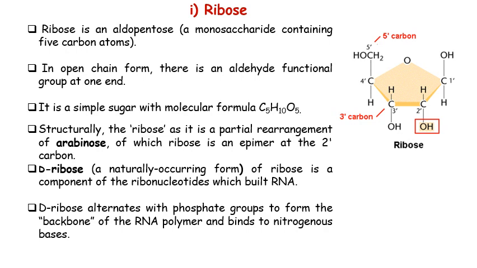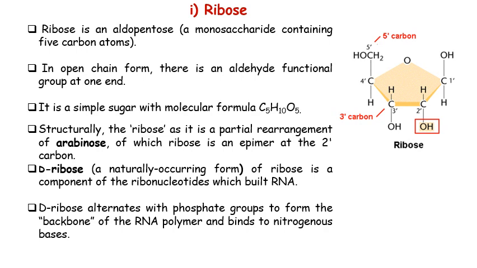So we say that arabinose is the one of which ribose is an epimer at carbon 2. Epimer means they differ from each other at carbon number 2. That is why ribose and arabinose are structurally very close to each other, and the molecular formula is also the same for arabinose and ribose.